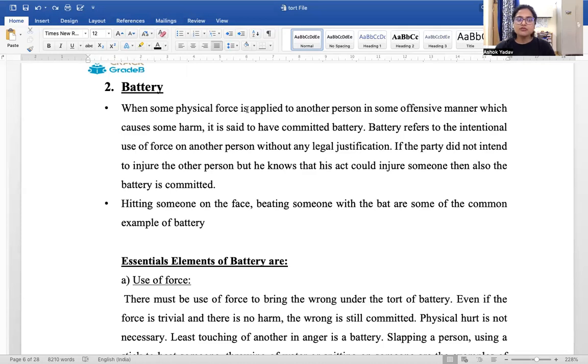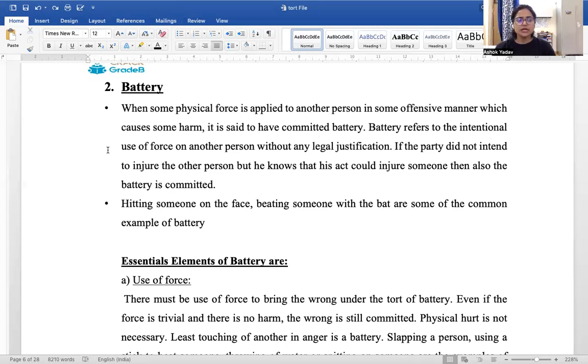When some physical force is applied to another person in some offensive manner, which causes some harm. When some physical force, so you should focus on this word, is applied to another person in some offensive manner, which causes some harm, it is said to have committed battery.